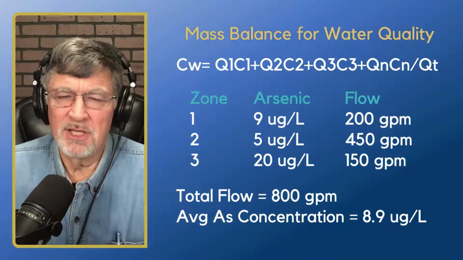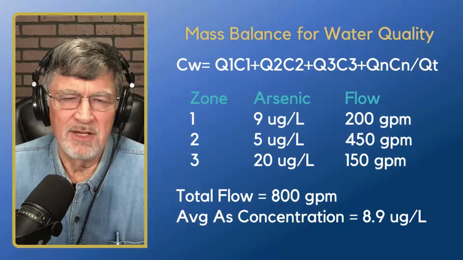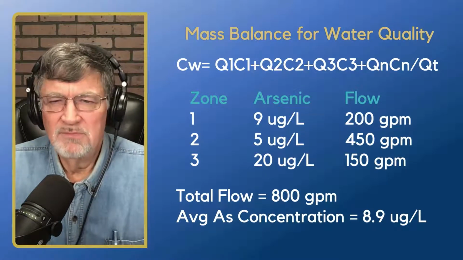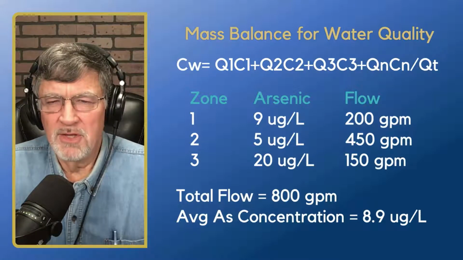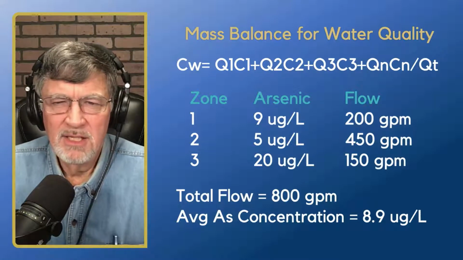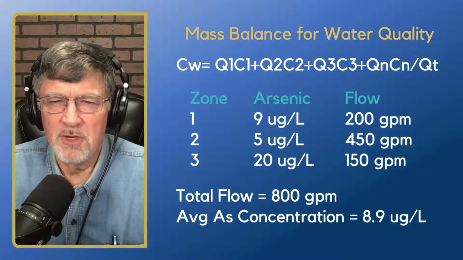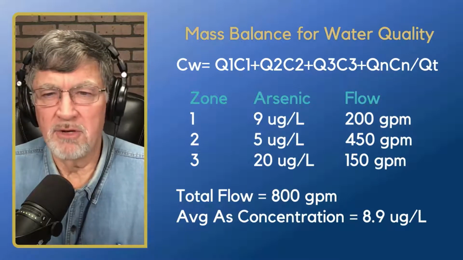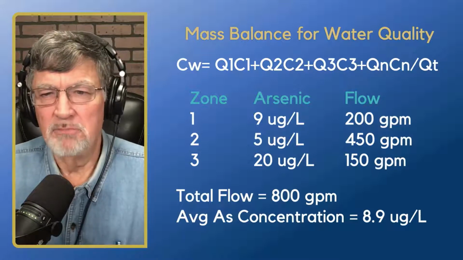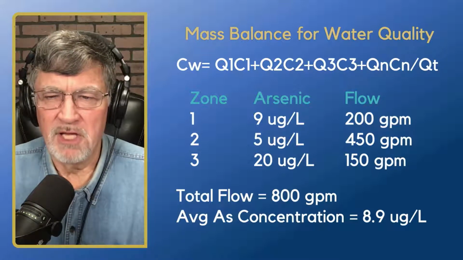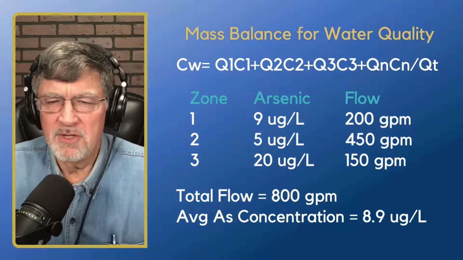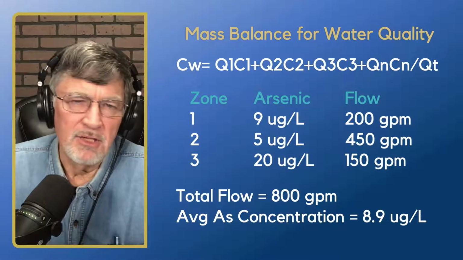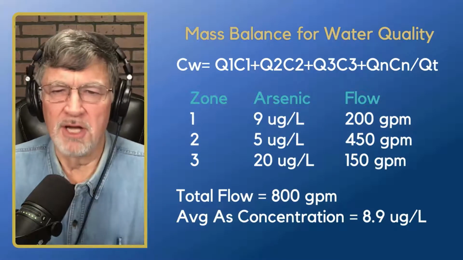And you can start to look at these calculations and determine if we have high arsenic zones. We need to look at things and say, okay, how do we improve things if we took out zone 3 here? It's 20 micrograms per liter arsenic, but it's only 150 gallons per minute. So if we take that zone out, we lose 150 gallons per minute, but how much do we gain in dropping down our arsenic concentration?